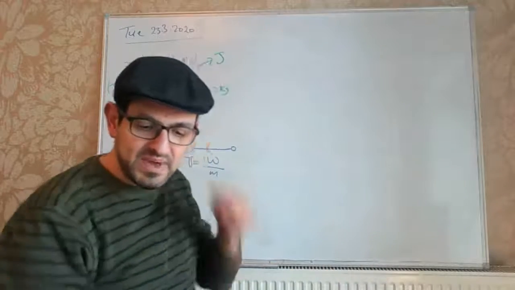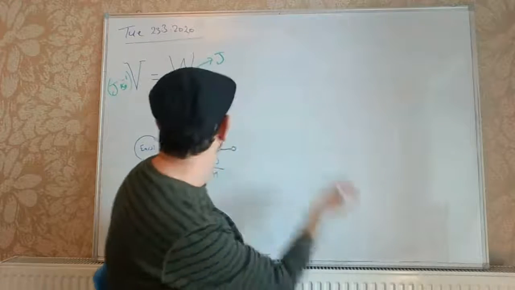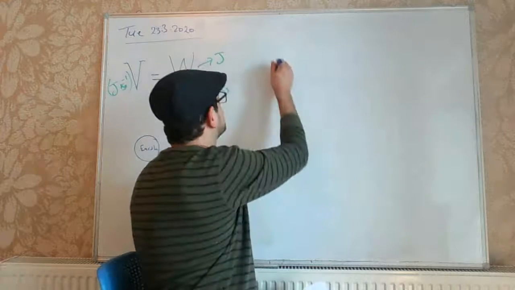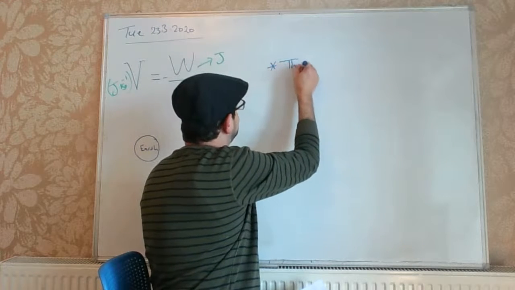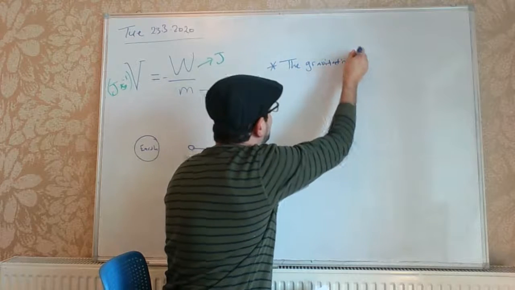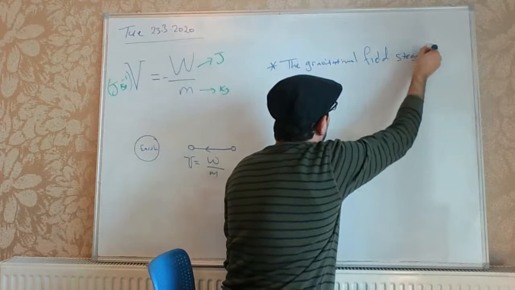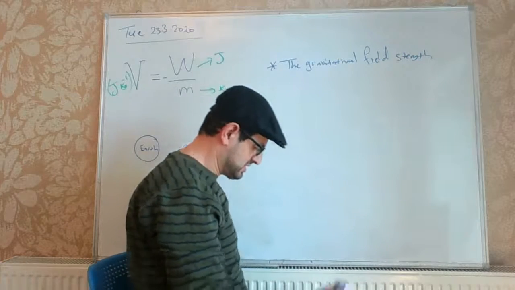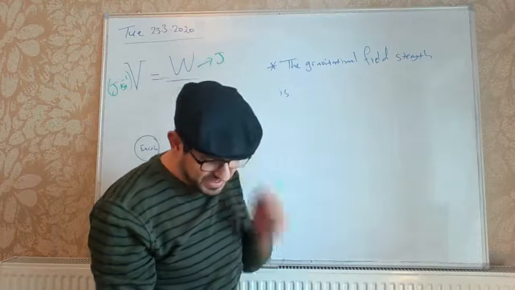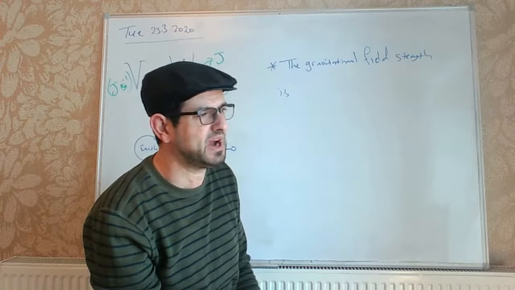Now, what do we really mean by the gravitational field strength in terms of gravitational potential? We say the gravitational field strength is how quickly... but actually there is no time here, so I don't know what they mean by how quickly.